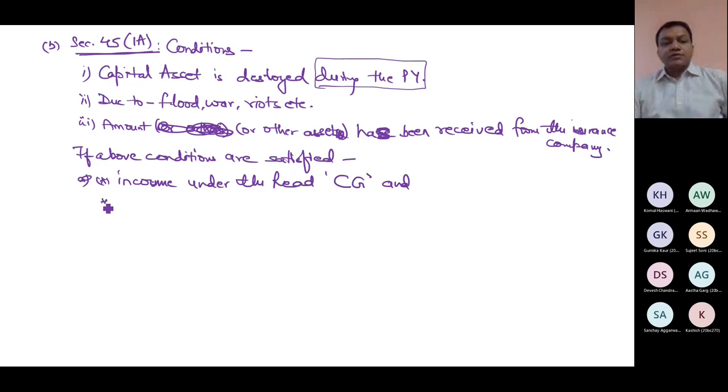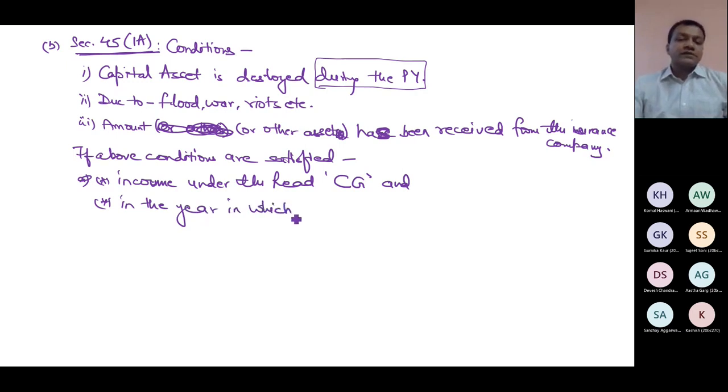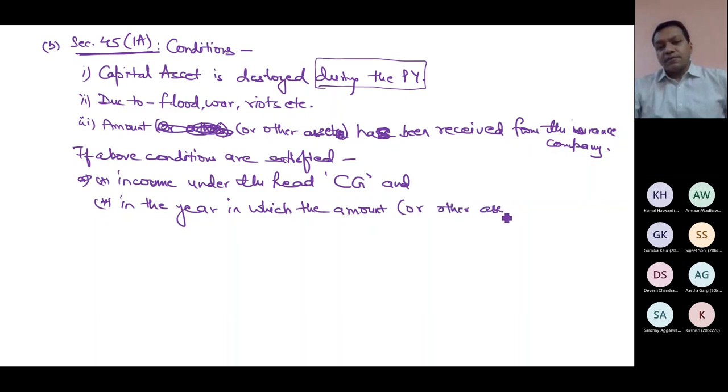It will be computed in the year in which the amount is received, not the year in which the asset is destroyed, but in the year in which the amount or other asset is received. This is what 45(1A) says.